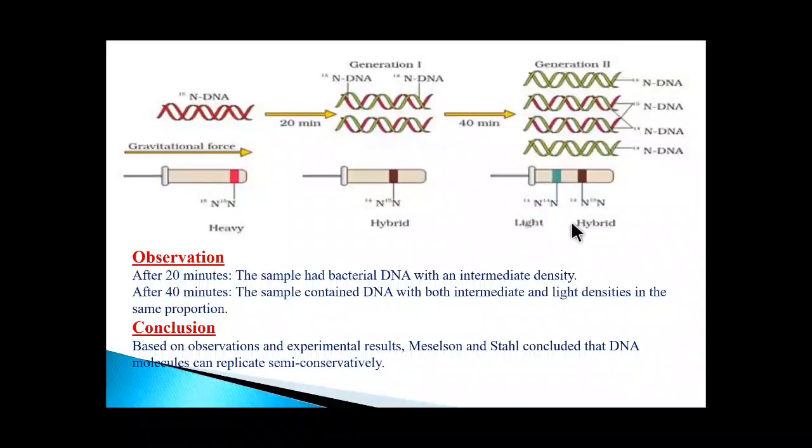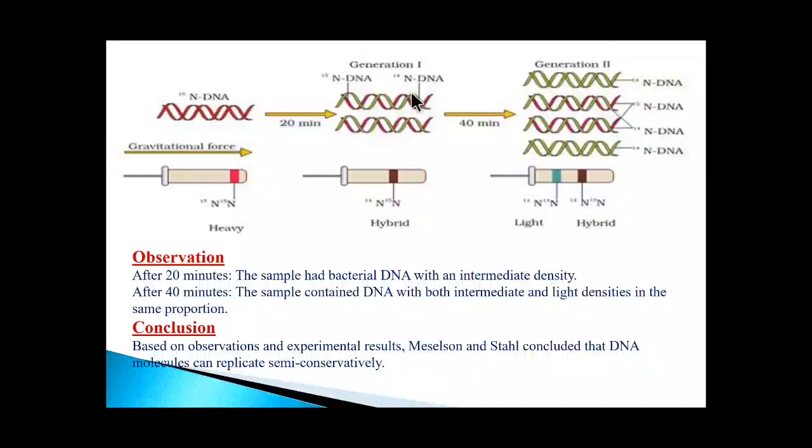So after the bacterial cells containing N15 were transferred to the medium containing normal nitrogen, then after specific times corresponding to the replication time of DNA, samples were taken and DNA was isolated by high speed centrifugation and evaluated for its density.